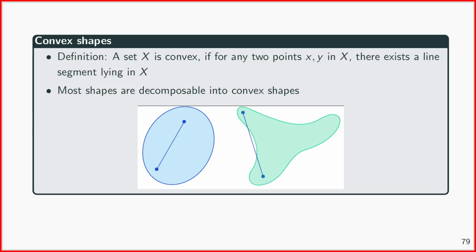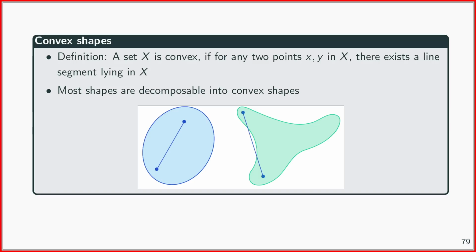So in this picture here, you can see one set where you pick two points, and you draw a line, and this line is inside. However, if you have a shape where you pick two points, and the line is not strictly inside of the shape, then this shape is not convex anymore. So this is the definition of what we use as convexity.